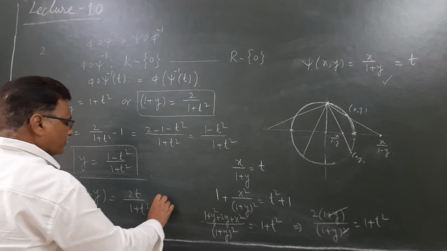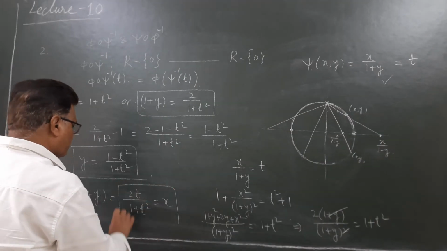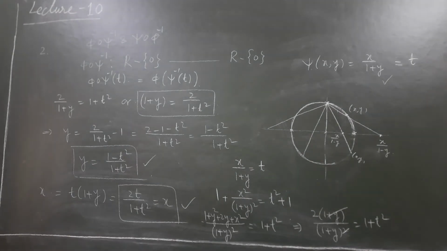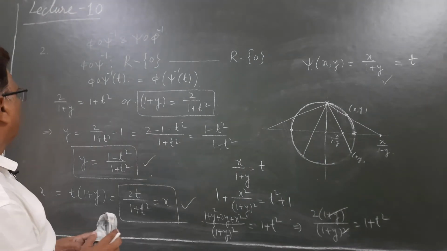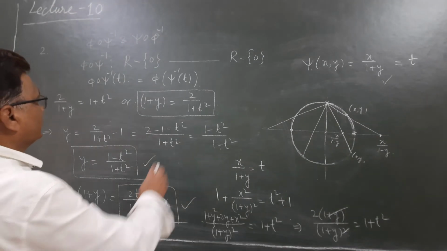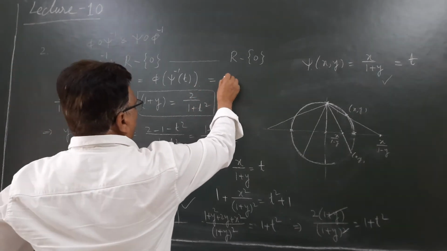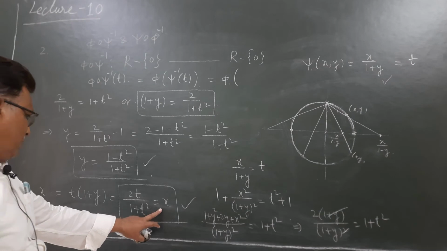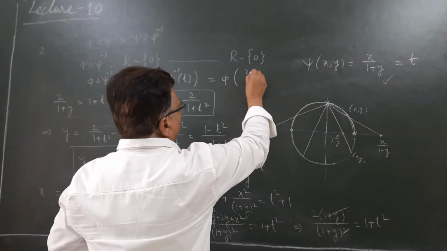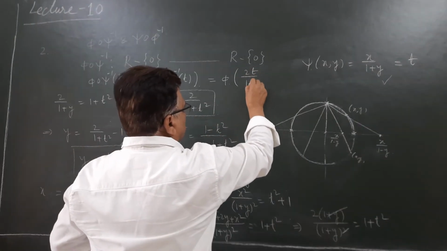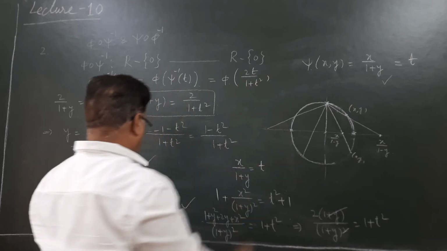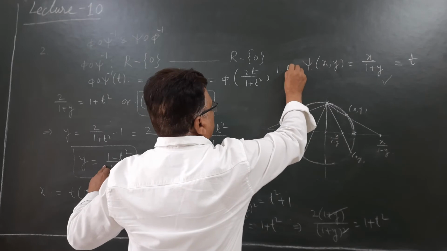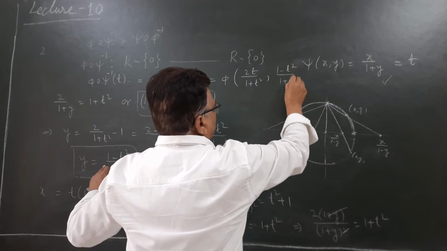So x is also determined. x and y both you have found. So I can write down the definition of psi inverse t. So this becomes phi of psi inverse t will be x comma y, that is 2t upon 1 plus t square, and what is y? 1 minus t square upon 1 plus t square.